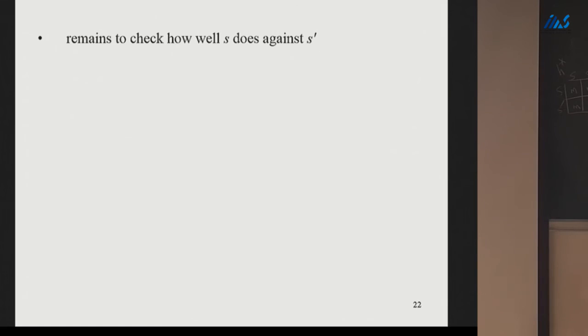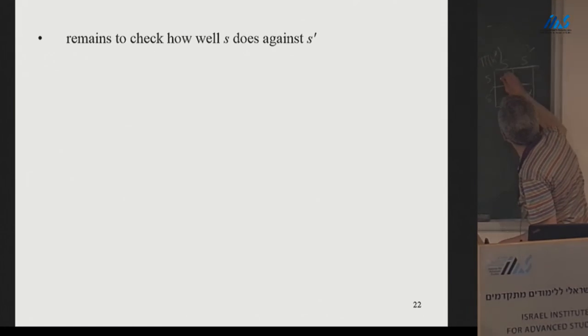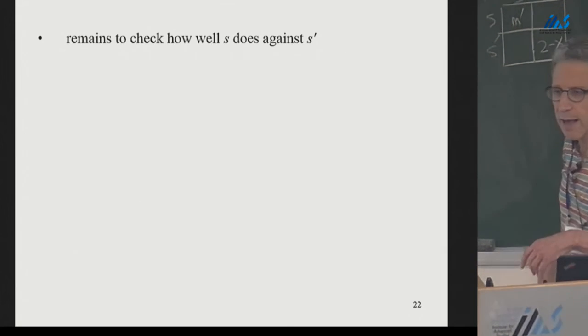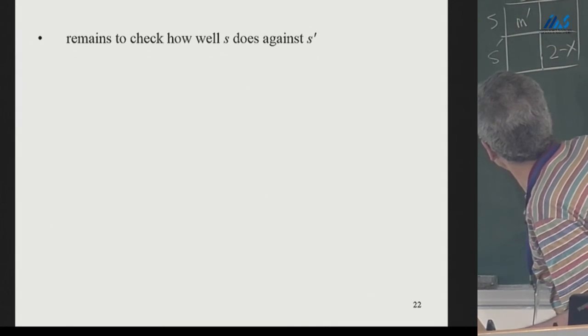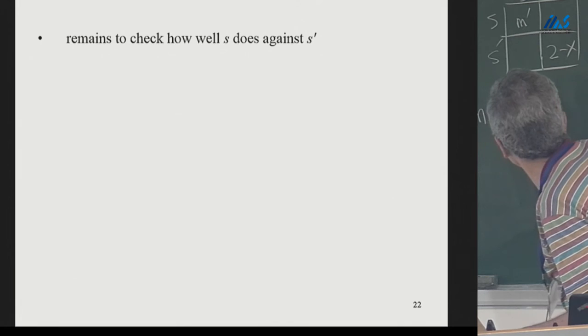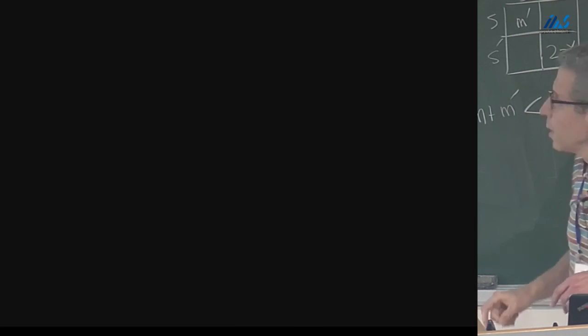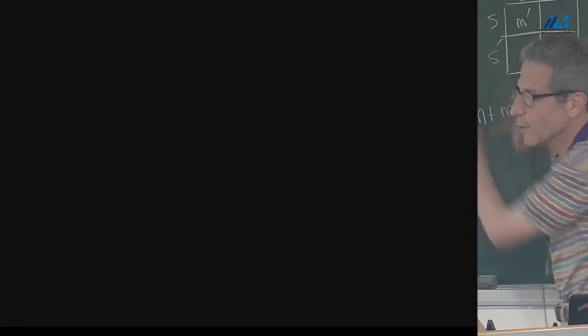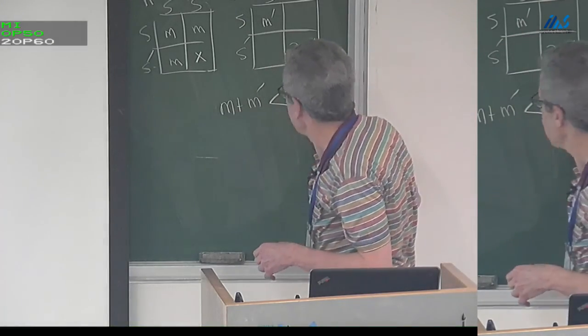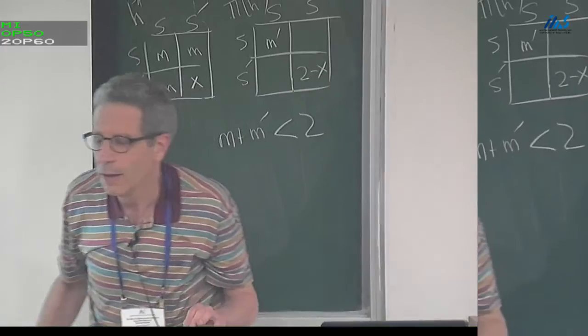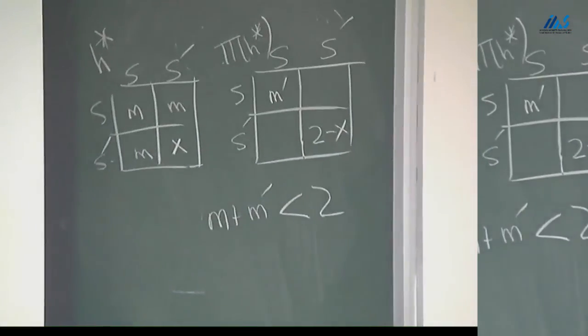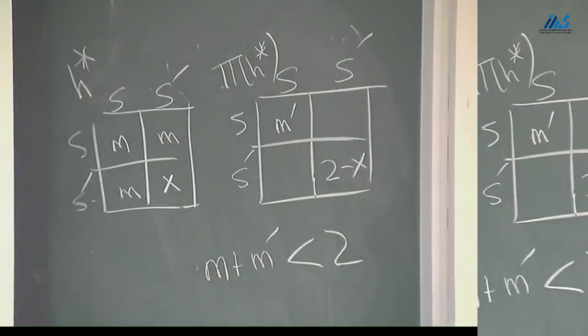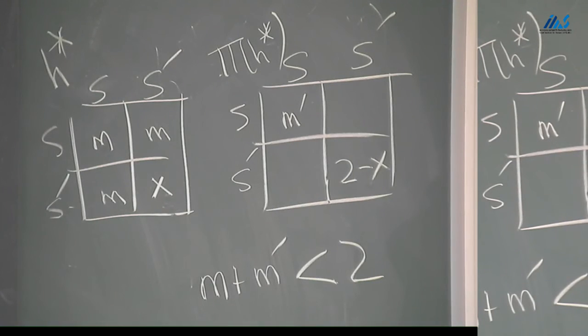This payoff, whatever it is, let's call it M prime, has to be such that M plus M prime is strictly less than 2. That is, the two players together cannot be getting payoffs that equal 2, because that would be strongly efficient.